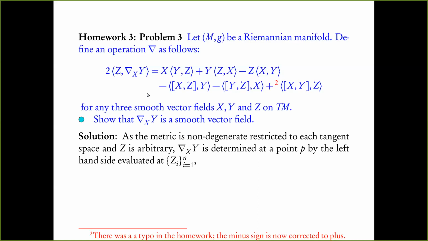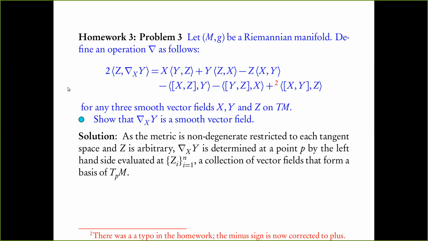At the point p, you have T_pM, choose a basis z1, z2, ..., zn, and if you can evaluate this, that determines this quantity, which can now be evaluated using the right-hand side.